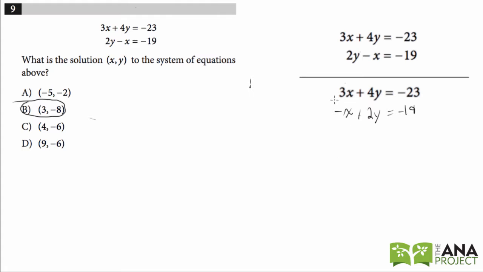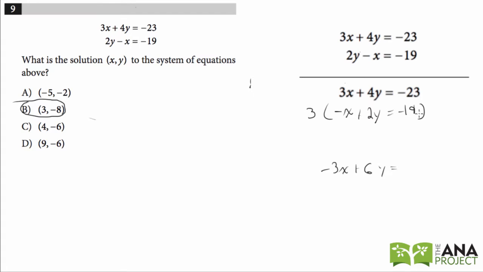Now I need to cancel out one variable. So I'm going to multiply this entire equation by 3. So 3 times negative x is negative 3x. 3 times 2y is positive 6y.